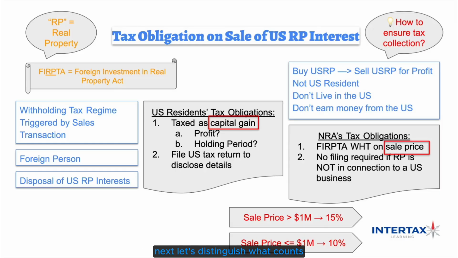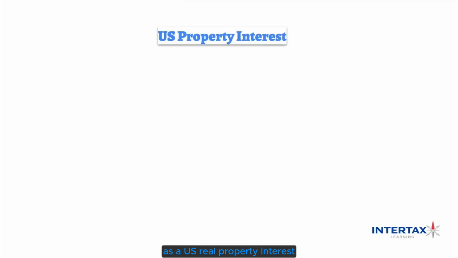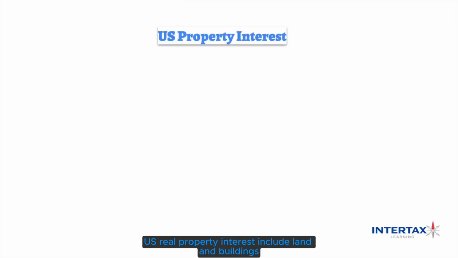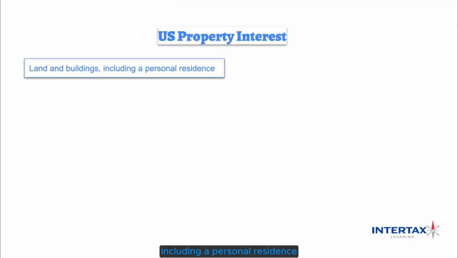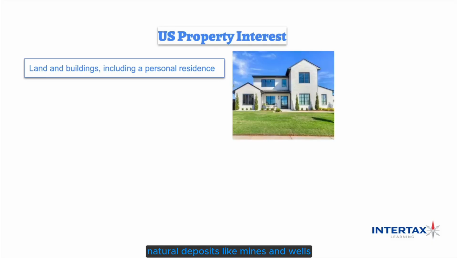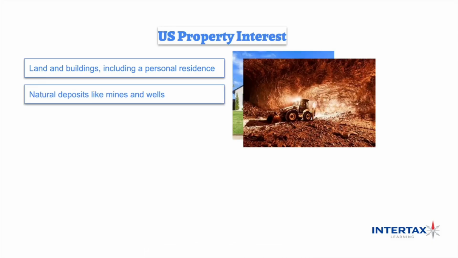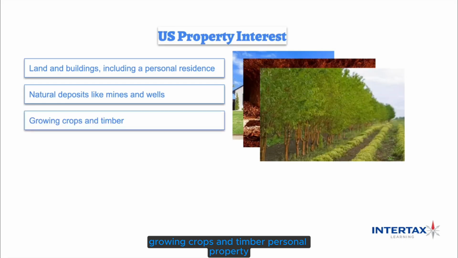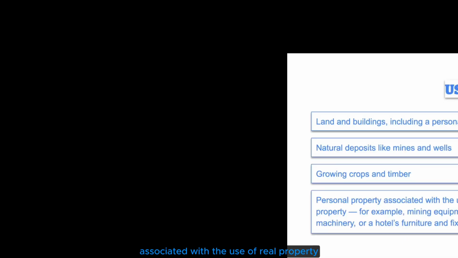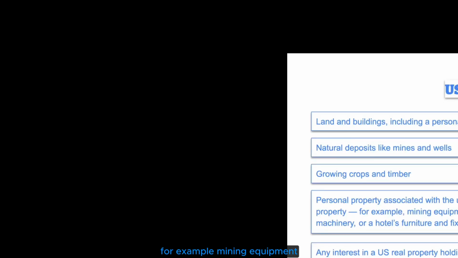Next, let's distinguish what counts as a U.S. real property interest. U.S. real property interests include land and buildings, including a personal residence, natural deposits like mines and wells, growing crops and timber, personal property associated with the use of real property, for example, mining equipment, farming machinery, or a hotel's furniture and fixtures, and importantly, any interest in a U.S. real property holding corporation or a U.S. RPHC.